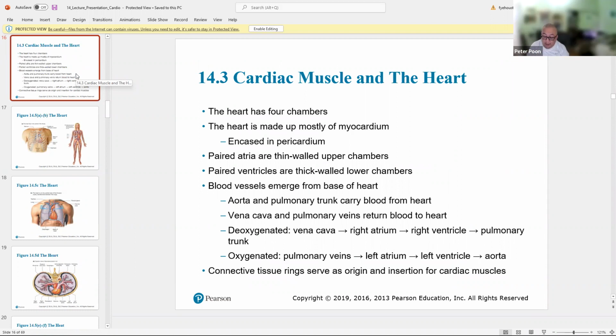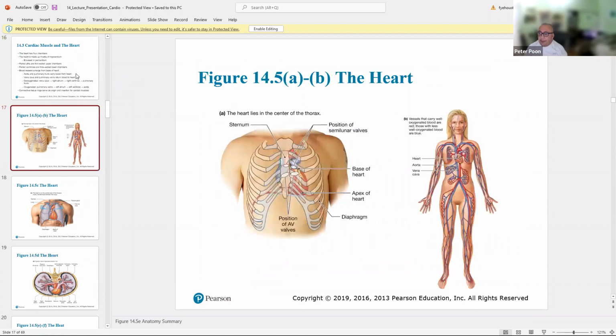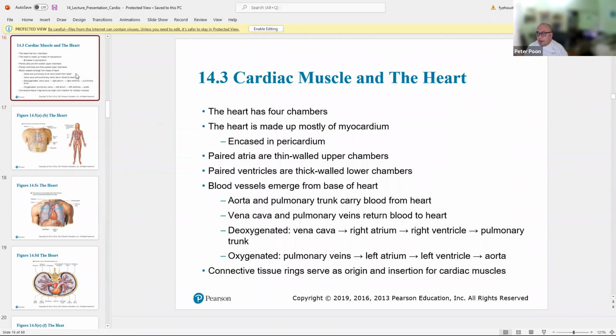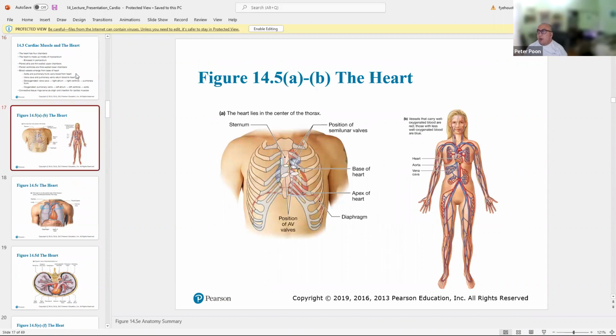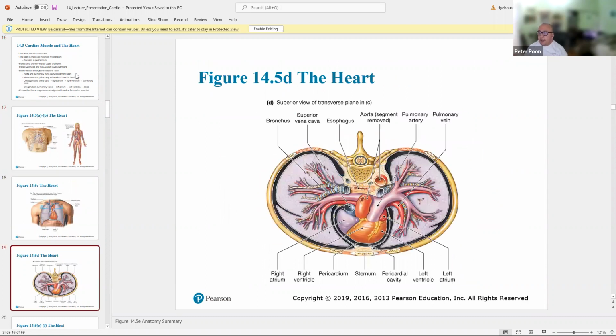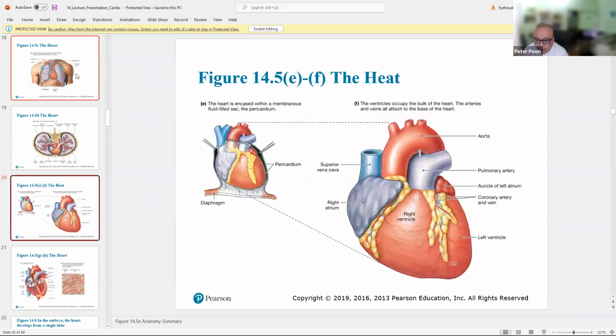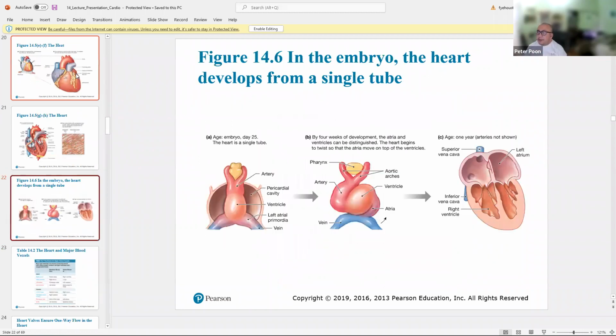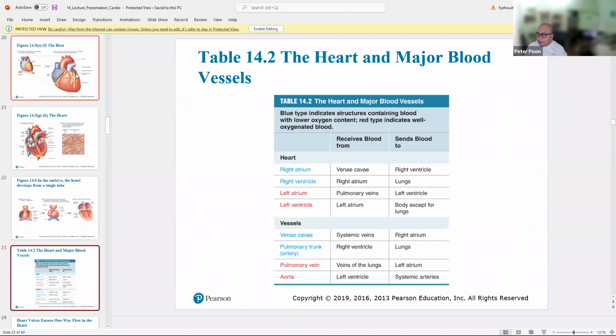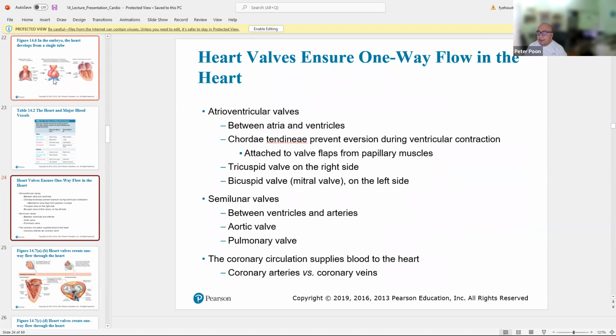Okay, so we'll go through the heart now. We talked about what blood pressure is, so now we'll talk about the heart. This part of this chapter will all be about the heart. I will skip the parts of the heart that you should already know from anatomy, like the size.